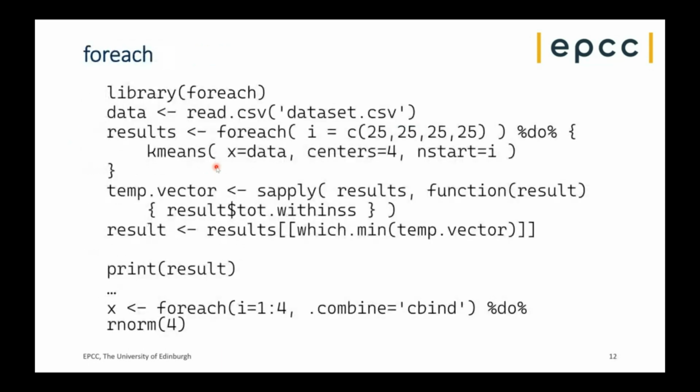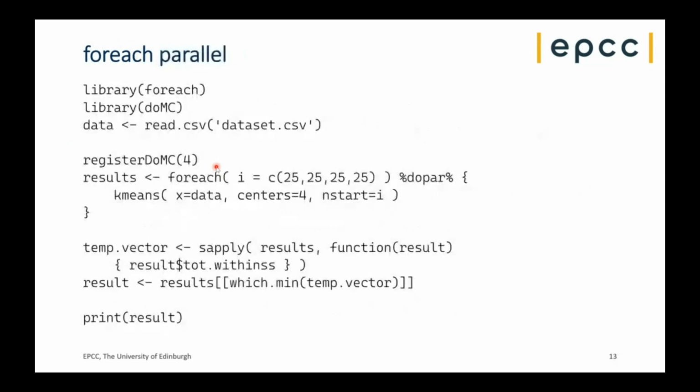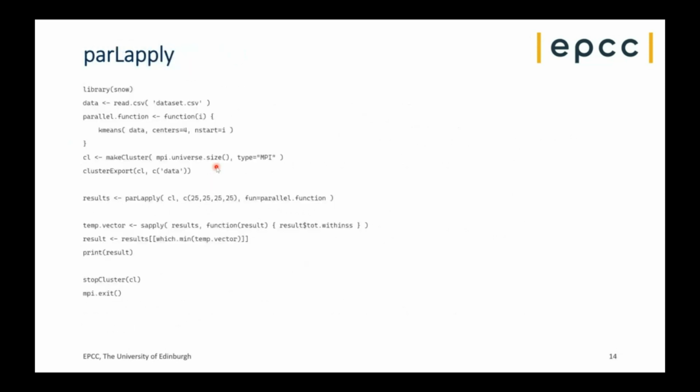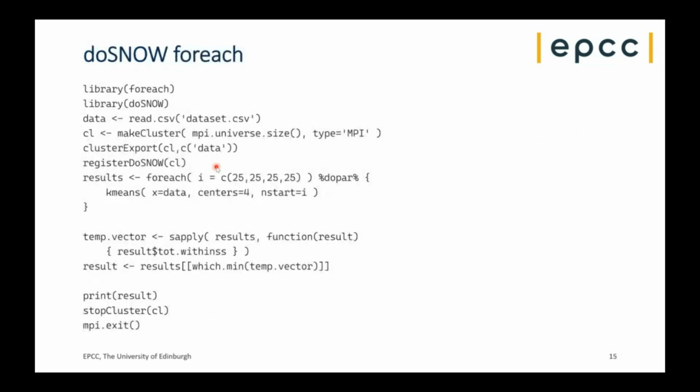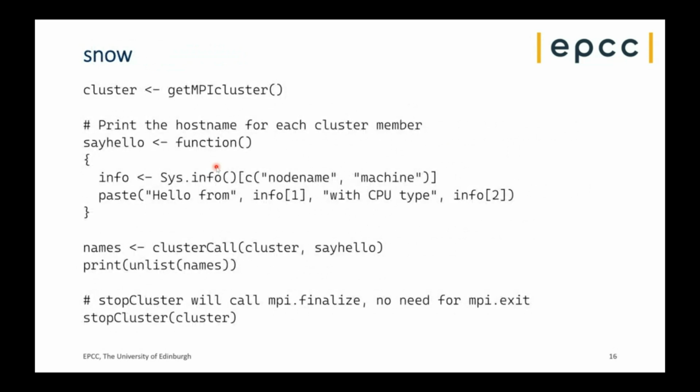And so we've gone from pretty basic inside a single node up to going across multiple nodes, either in applying functions to data sets or splitting up loops across workers that we have. Now, as I say, that's not an exhaustive list. There are other ways of parallelizing in R, but that's a good place to start if you've got an existing R program and you want to speed parts of it up.